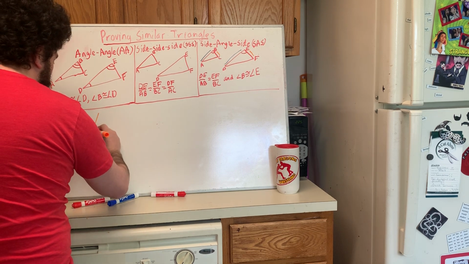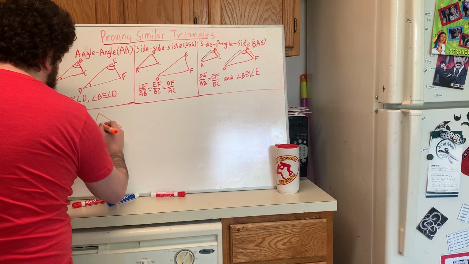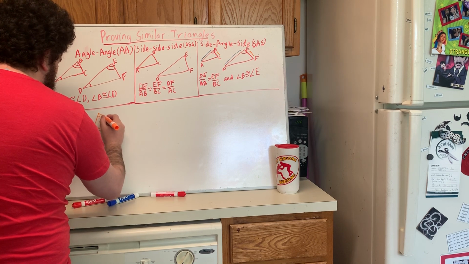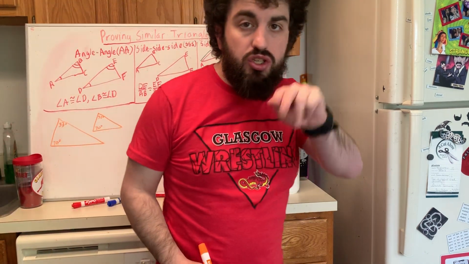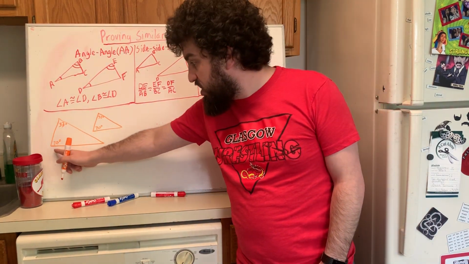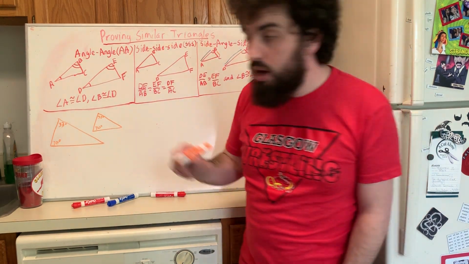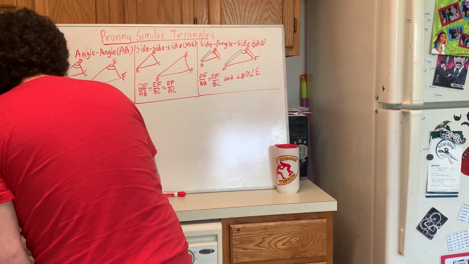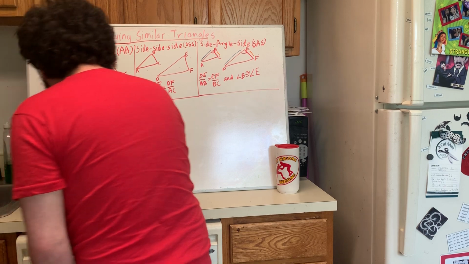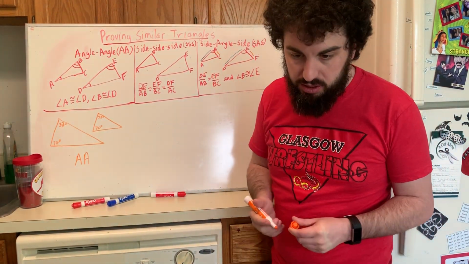And then I got another triangle drawn over here. This is 70 degrees. This again is 33 degrees. Since two of the angles in this picture match up, I have 70 matching with 70. I have 33 matching with 33. This will be similar through angle, angle. And often we'll just use AA for that.